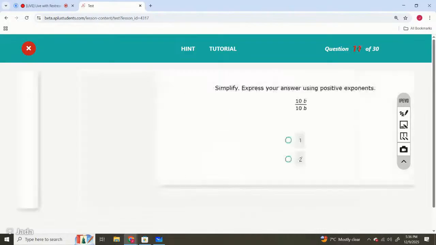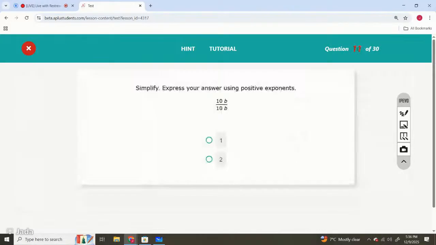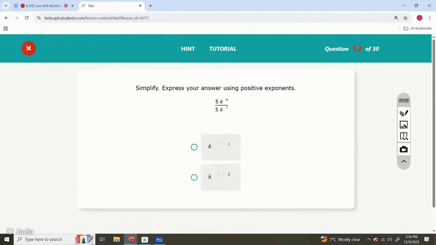That is p exponent 5. Option number 2 is the correct option. They have the same base, so exponents can be subtracted. So 10b divided by 10b, the answer is 1.